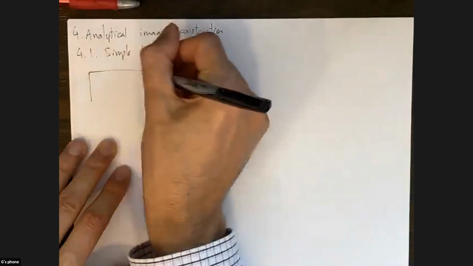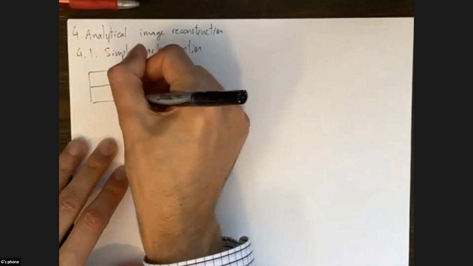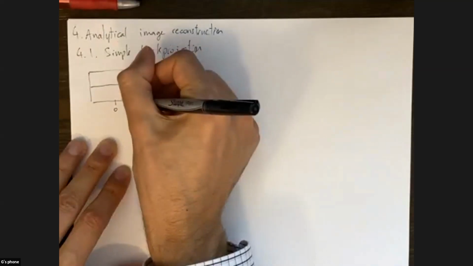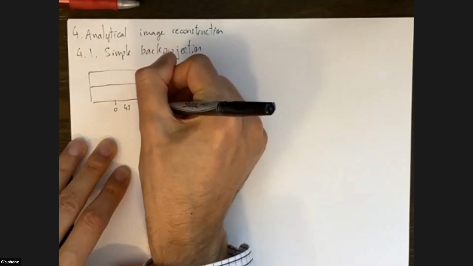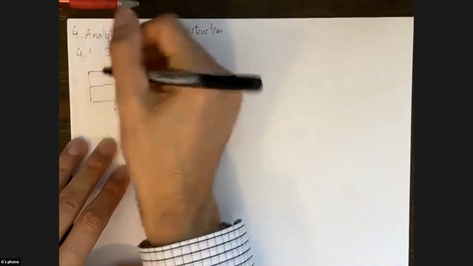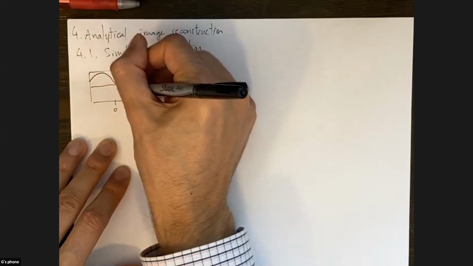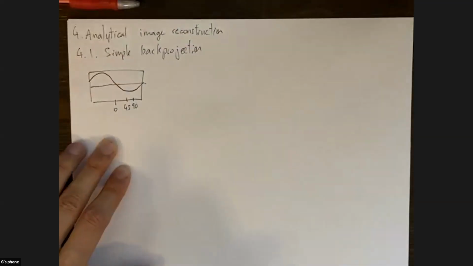So the idea is that if we start with the sinogram, so this is my sinogram here, this is 0, this would be 45, and here 90, okay? And the sinogram looks something like this, for example.